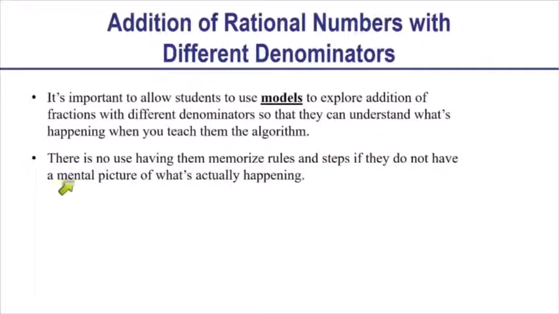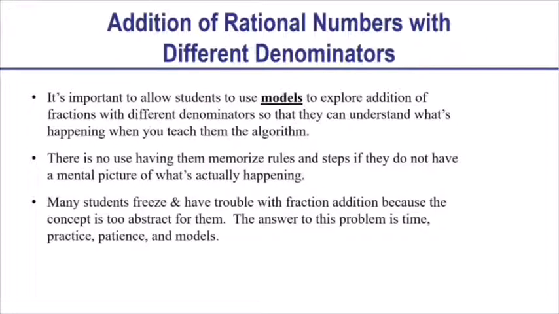They have to have a mental picture of what's happening before the rules and the steps will actually stick with them. So what happens is a lot of teachers teach the fraction algorithms too fast, too soon, and the students freeze up and they have trouble with fraction addition because the concept is too abstract for them. Remember, they're just little kids, and they can't visualize everything that you can visualize as an adult.